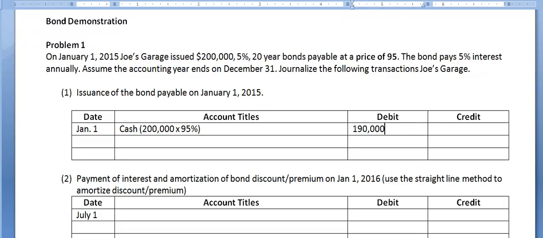So you're going to receive $190,000, but at maturity, you're going to have to pay back the face value or principal. Let's put that as our credit here, our bonds payable credit. So you receive $190,000, you have to pay back $200,000. That $10,000 is called the discount on bonds payable.